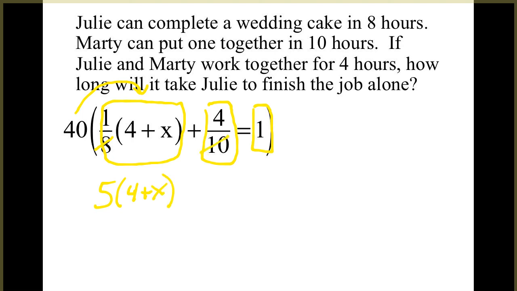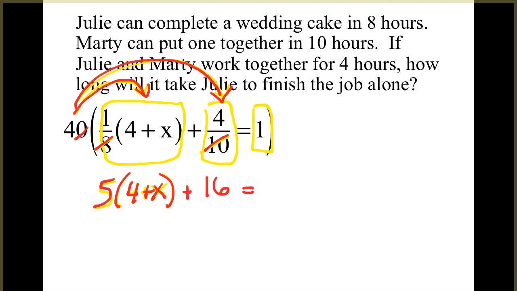When I distribute here, I end up with, actually I'm going to switch colors. I'm left with 5 times the quantity of 4 plus x. It's the first one. Doing it again. 10 goes into 10 once and into 40 four times. 4 times 4 is 16, equals 40.